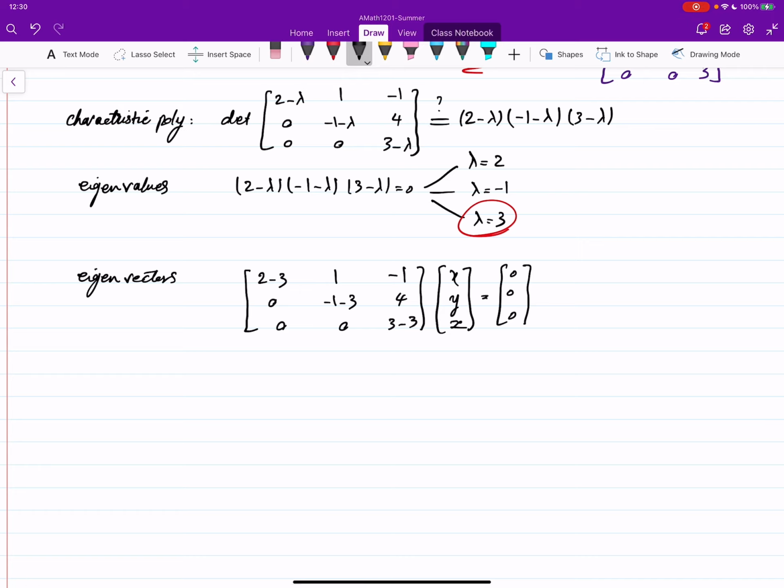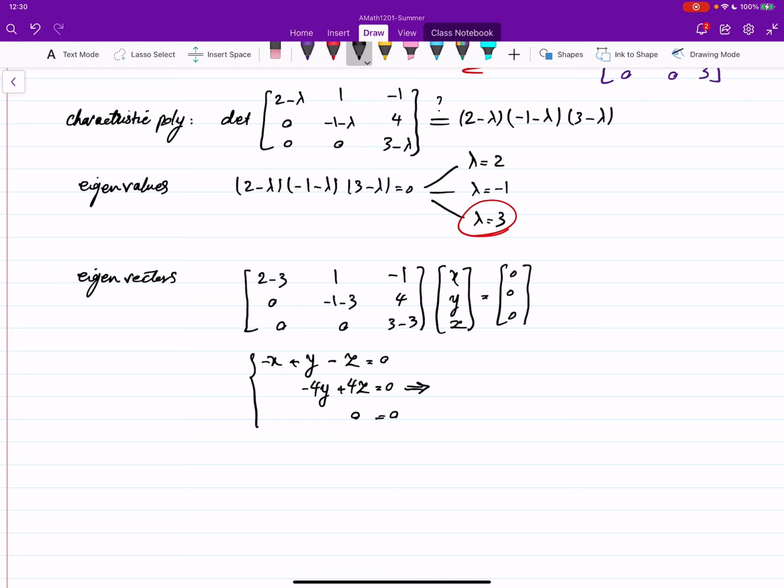And if I write this in terms of the equations, what I will get is minus x plus y minus z must be equal to 0. Then minus 4y plus 4z must be equal to 0. And then the last one is nothing. So you see that there is no condition on the third component.